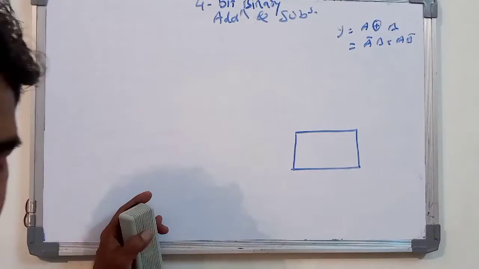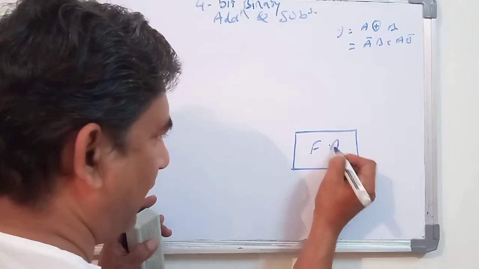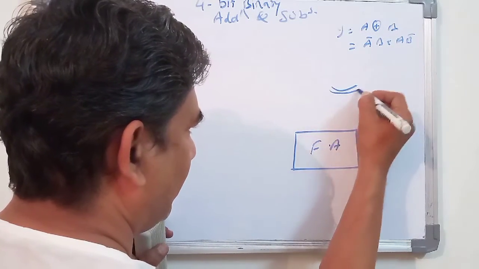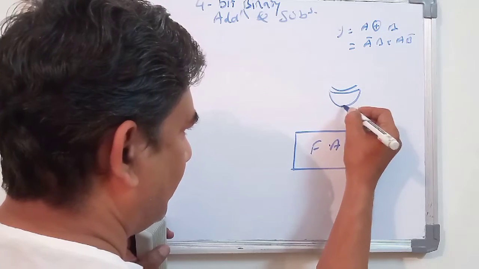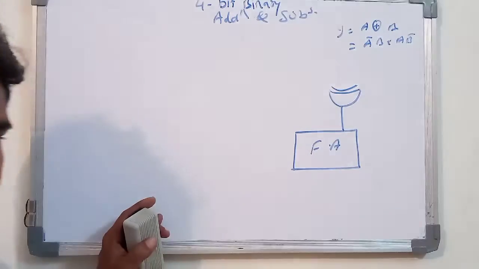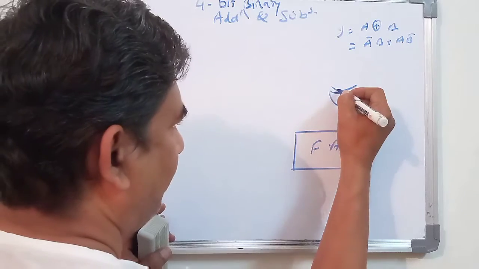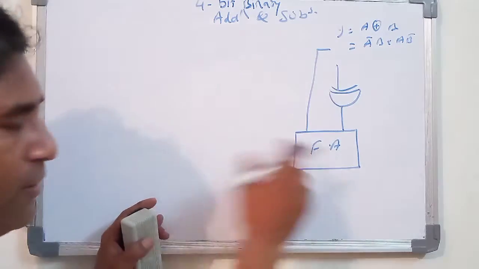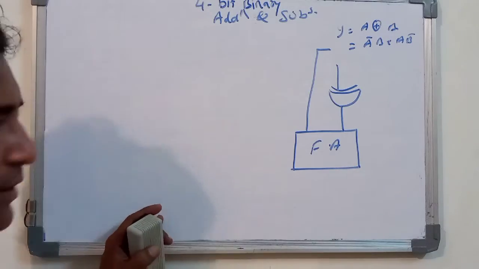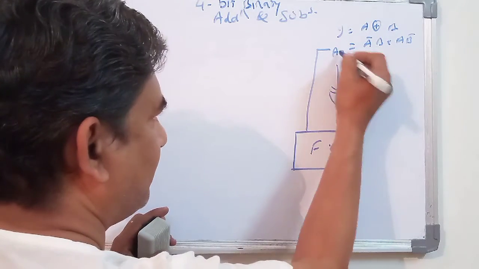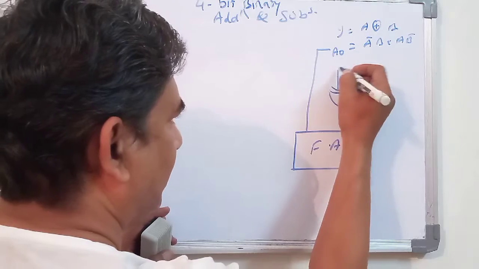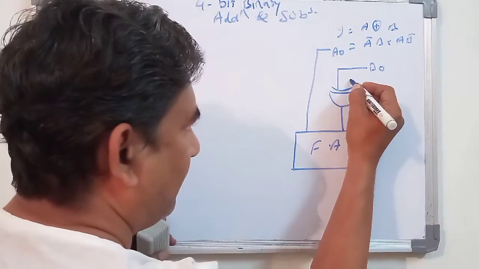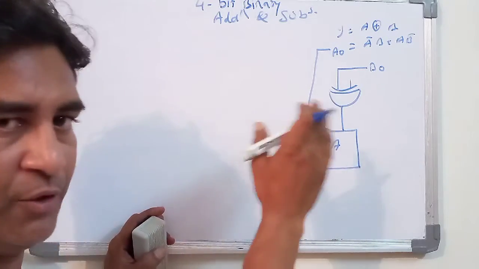As I told you, the first block, the full adder, you have to mark out. Then the XOR gate, one output is connected like this. The first input goes directly to the full adder. So here it is A0 and B0. The second input for the XOR gate we will leave for some time.